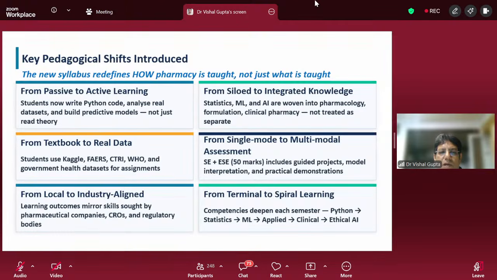From studying in the textbooks, we are moving to real data, so they'll be using various databases for their assignments. The learning outcomes have been aligned from local to industry aligned, from siloed, being individual, to integrated knowledge, where statistics, ML, and AI are interwoven with pharmacology, formulations, clinical pharmacy, and are not strictly separate. From single mode, we are going to multimodal assessment, and from terminal to spiral learning.